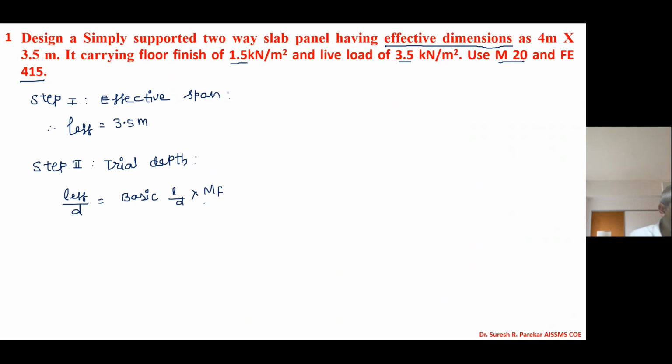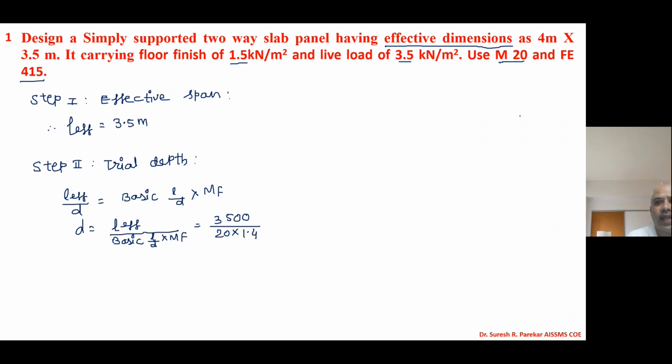Therefore d equals L effective divided by basic L by d into modification factor. L effective is 3500, always the shorter dimension as the span. So 3500 divided by 20 into 1.4.